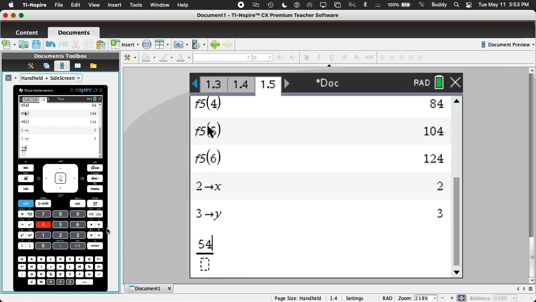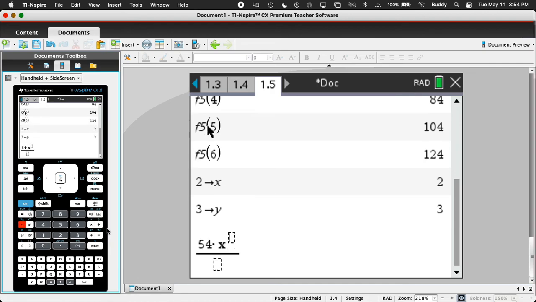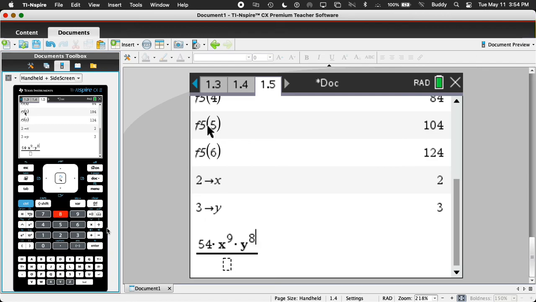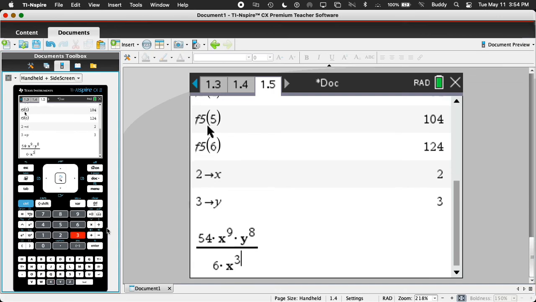So 54x to the power of 9 y to the power of 8 all divided by 6 times x to the power of 3 times y to the power of 4.